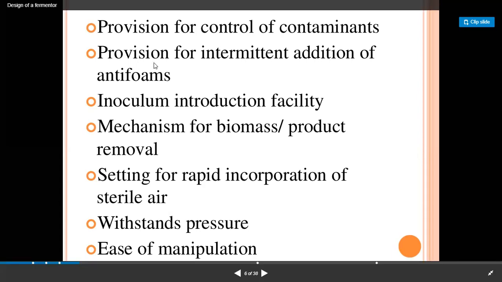For that also there is a provision in the design of the fermenter. You can interrupt in the middle of the fermentation and add antifoams. Then an inoculum introduction facility is also there. A mechanism for biomass or product removal is available in the structure of the fermenter.